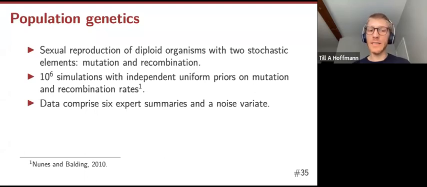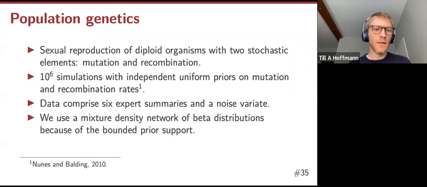So the data comprise 6 expert summaries and a single noise variant that we don't care about. We'll again use a mixture density network to learn the summary statistics and the posterior distribution, but we'll use beta distributions in this case because the support of the prior is a box.